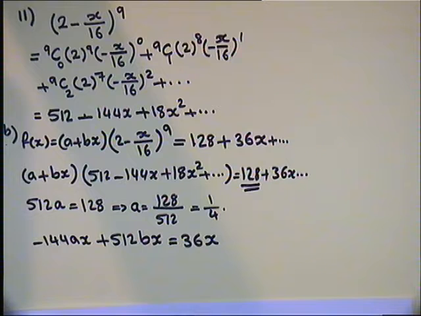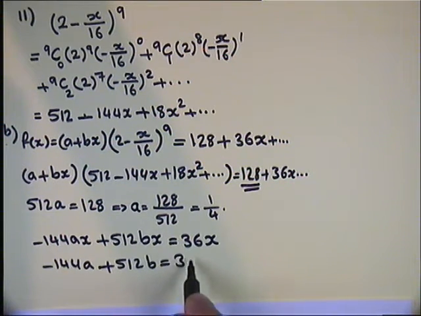If you multiply any other terms, you should get either x squared or a term without x. So if you divide both sides by x, you get minus 144a plus 512b is equal to 36.